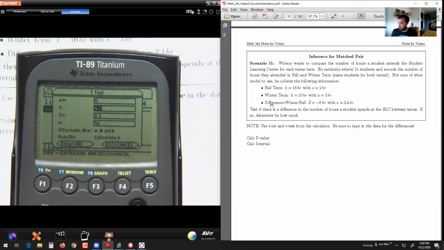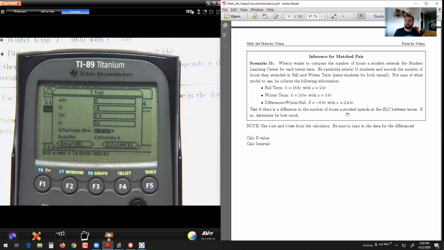My average is -6. My standard deviation is 2.4, and I'm looking at 31 students. They want to do a test here, and I'm looking for a difference. Since I'm looking for a difference, I'm going to choose the does not equal symbol.